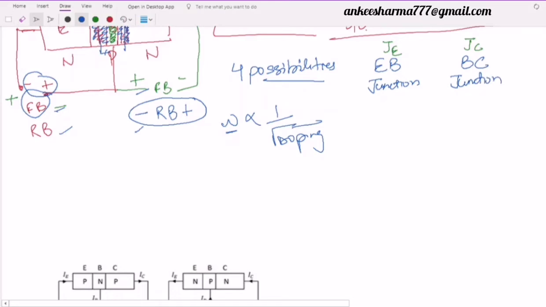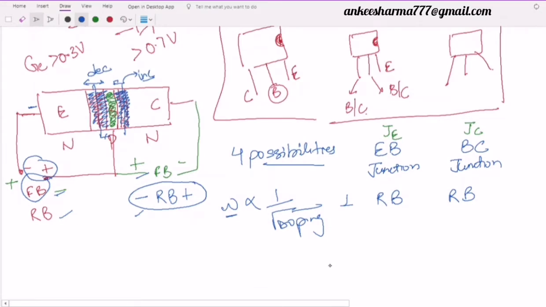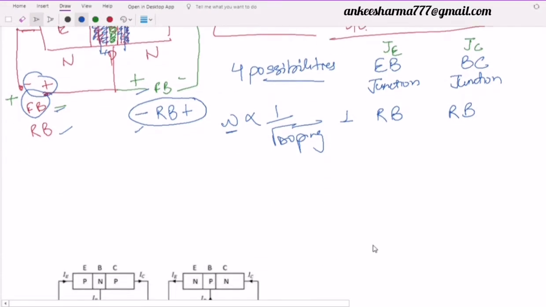So let us first take the scenario where both the junctions are reverse biased. So what is going to happen when both the junctions are reverse biased? If I make a different diagram, just to make you understand all these things. This is my emitter, my base, this collector.